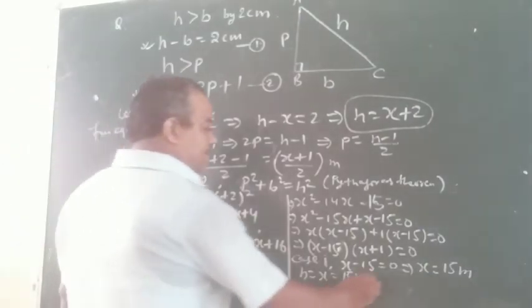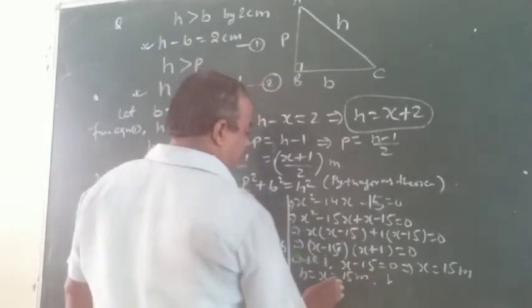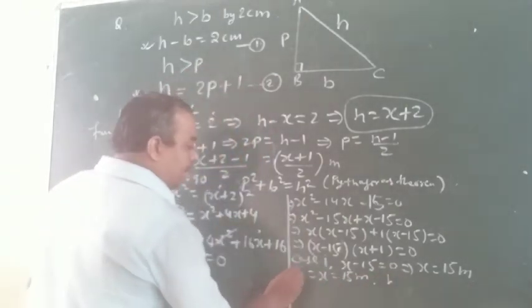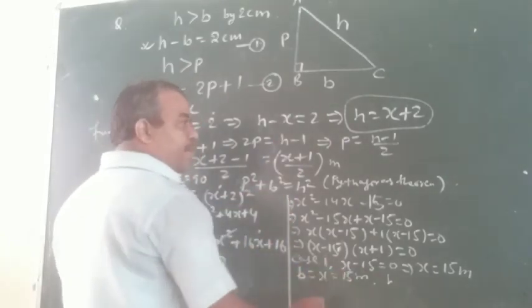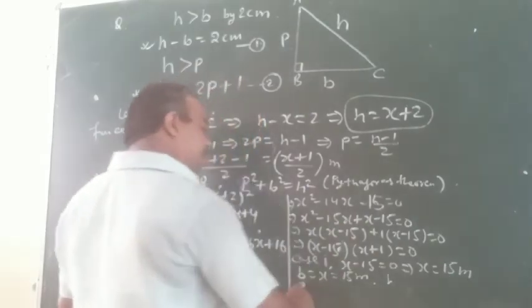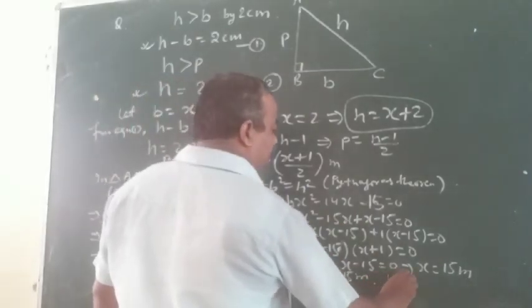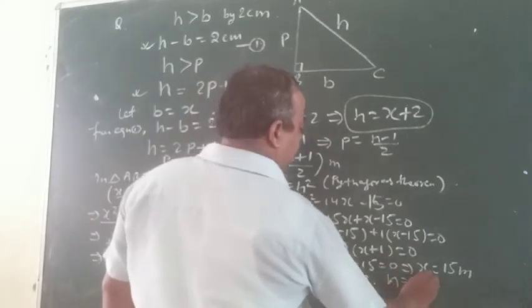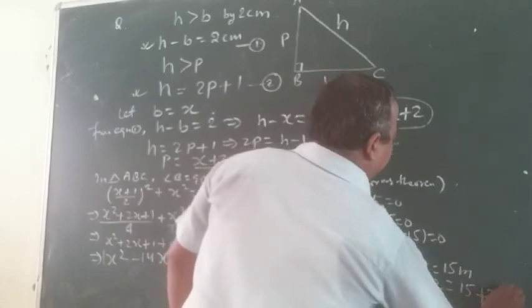Now what is the value of the hypotenuse? The hypotenuse equals x plus 2, that is 15 plus 2, 17 meters.